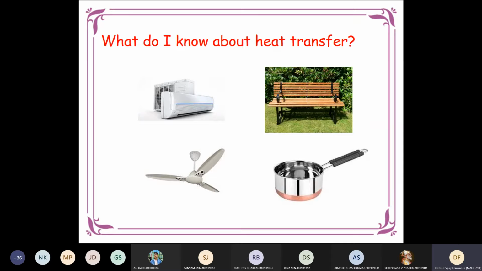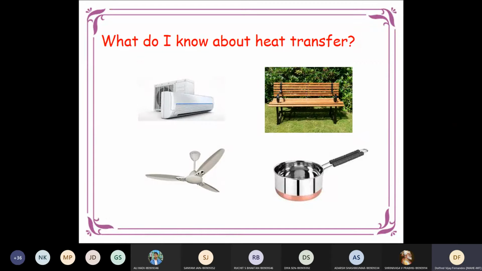Question is clear, right? You are at a park and there are two benches, nobody is sitting on them. One is made of stainless steel, another is wood. Which one do you prefer to sit on? Wood, obviously.